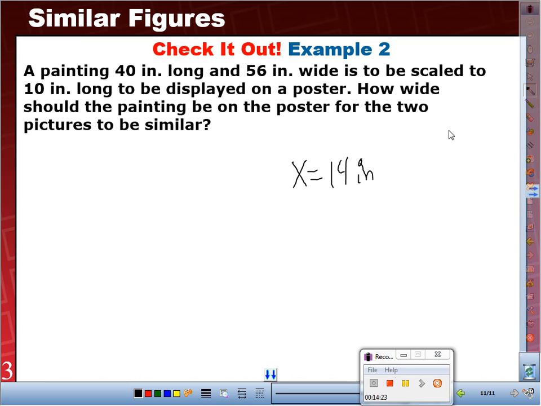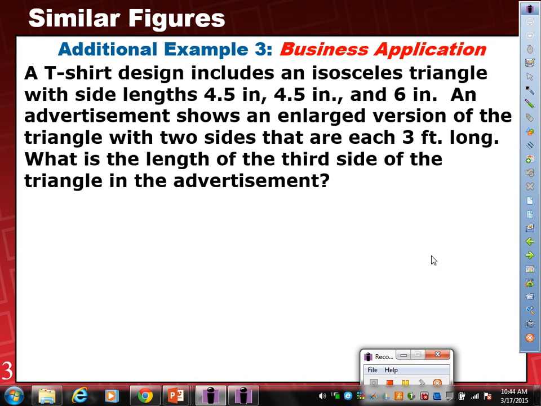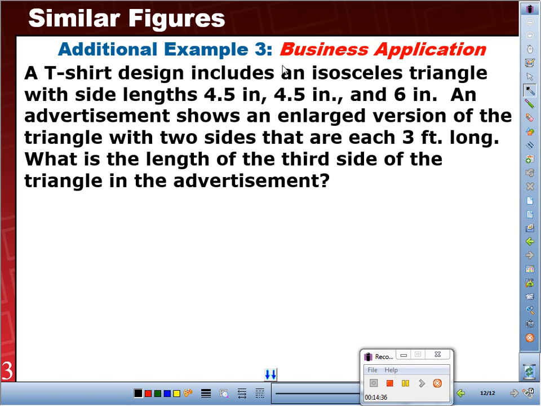Copy this next one down, please. Example 5. It says, the t-shirt design includes an isosceles triangle with side lengths 4.5, 4.5, and 6 inches.